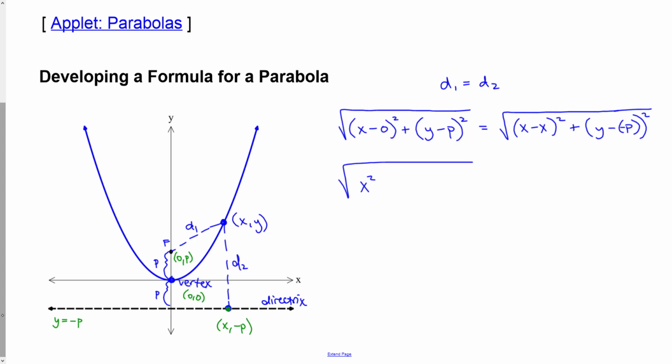Y minus p quantity squared can be written as y squared minus 2yp plus p squared. And that's going to be equal to, well, x minus x is 0, and 0 squared is just 0. Y minus negative p is just y plus p, so this is going to be y squared plus 2yp plus p squared.